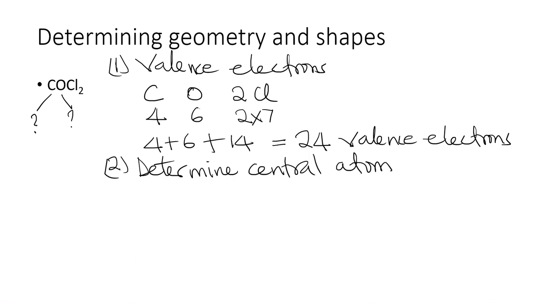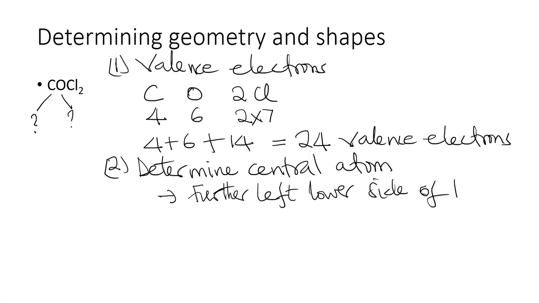Usually, the central atom is the one that is further left, lower side of the periodic table. So if we take carbon and oxygen, carbon is left of oxygen on the periodic table.